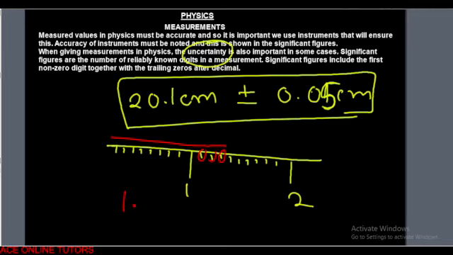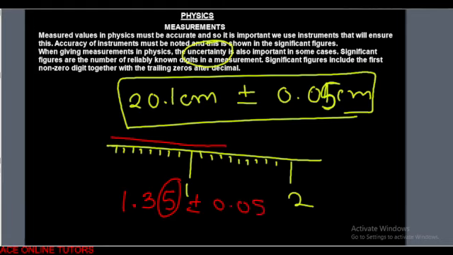That means you are sure that it is above 3, so you say 1.3. But you are not sure whether it reaches 4 or not, so you can estimate between 1.3 and 1.4. What's between 1.3 and 1.4? That's 1.35. But this 5, are you sure of it? No, you are not sure. That's why you say this is plus or minus 0.05.